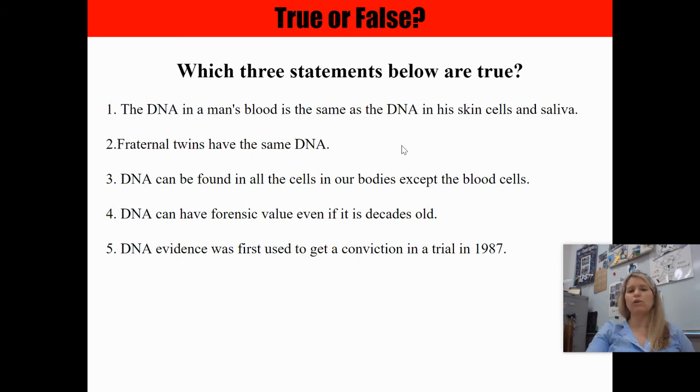Okay, so let's go through and look at these statements and which 3 statements below are true. Read through them really quick and see if you can figure out to yourself what they are. We didn't really talk about the last one yet, but we will in a minute.